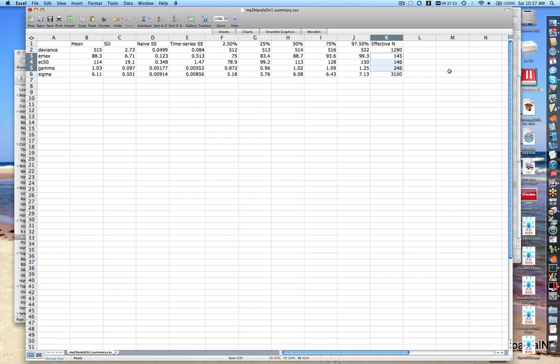The effective number, or the equivalent number of independent samples, is only about 5% of that. So that gives you some idea of how extreme the autocorrelation can influence the effective number of samples, or the equivalent number of independent samples.